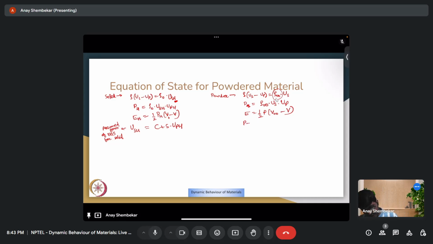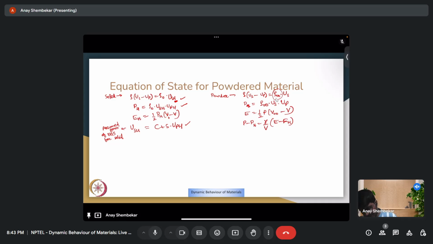So that would be gamma by V, E minus E_H. By combining these, I'll just write down the final equations in the interest of time. I think these are easily solvable. You can do so by combining this and this.